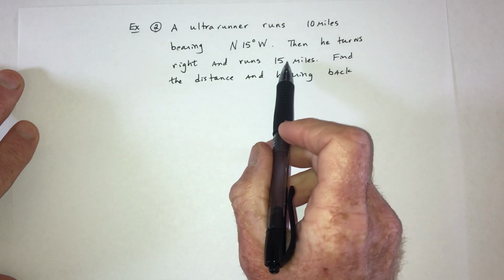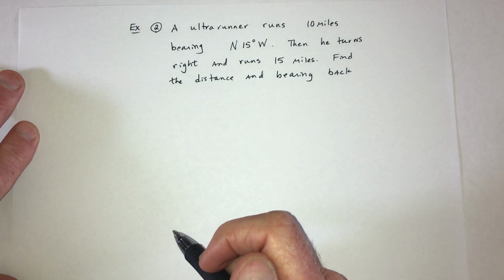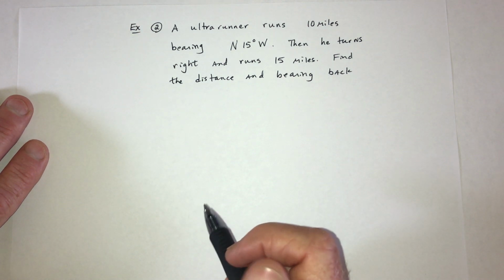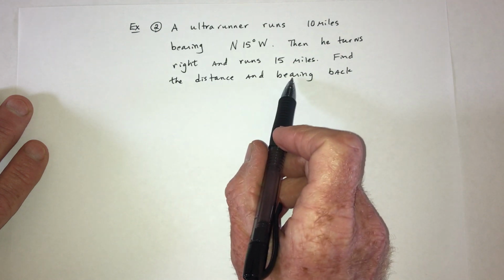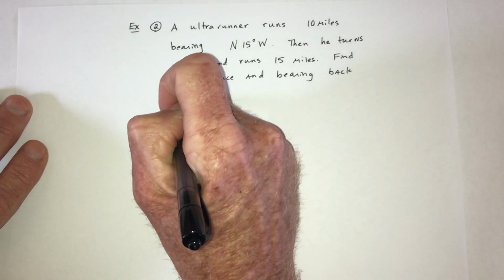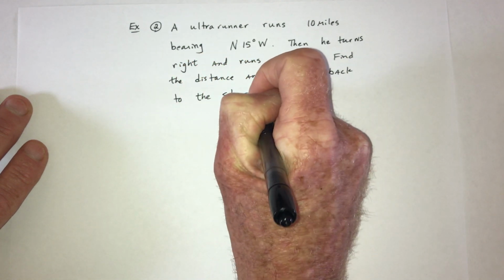So after this person has run 25 miles, they realize, oh, I forgot my water bottle back at the car. I better run back and get that. So not only how far do they have to go to get back to the start, but what direction should they go? So find the distance and bearing back to the start.